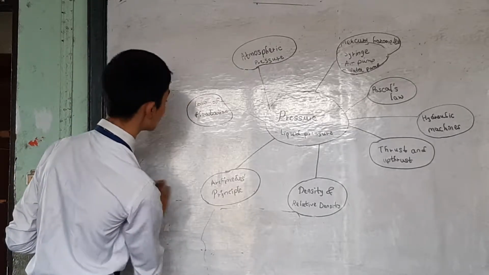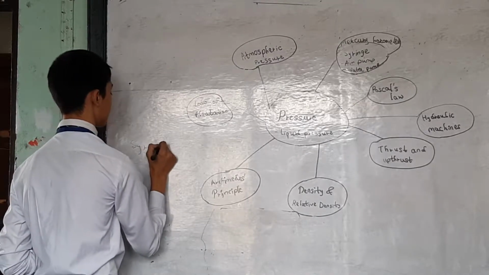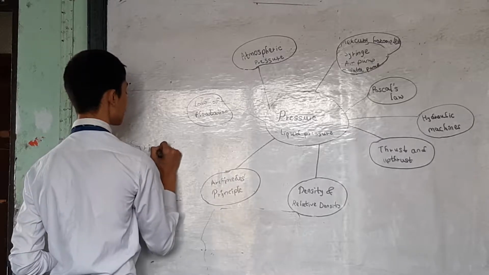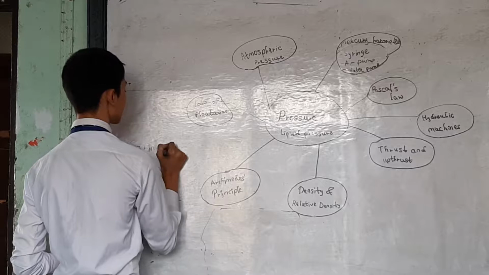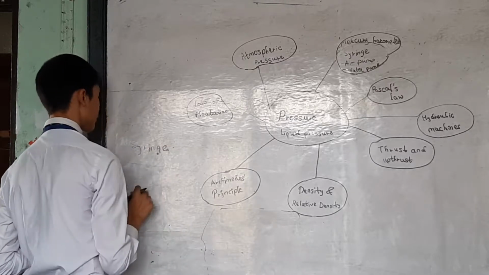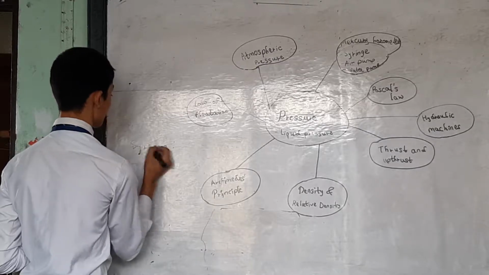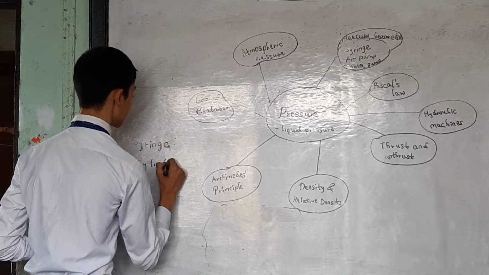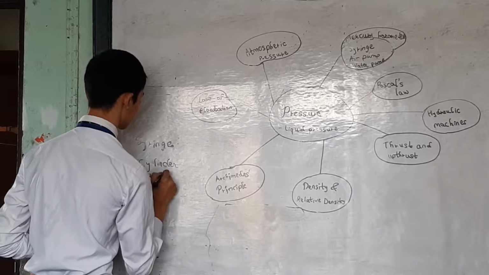And the next one is the syringe. Syringe is a device usually used in the medical field to inject medicine inside the body of a patient. And now the syringe mainly contains two parts. They are cylinder and piston.